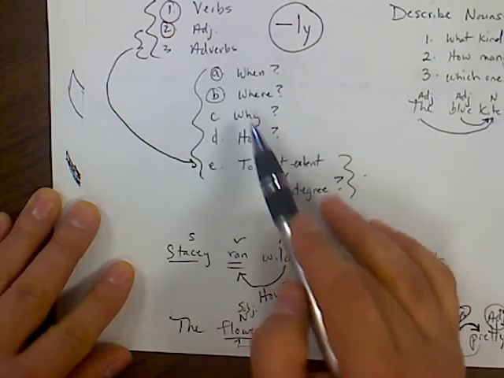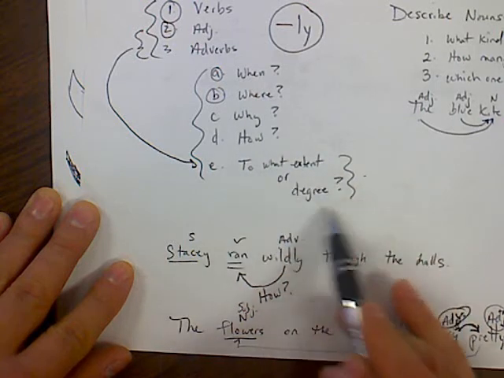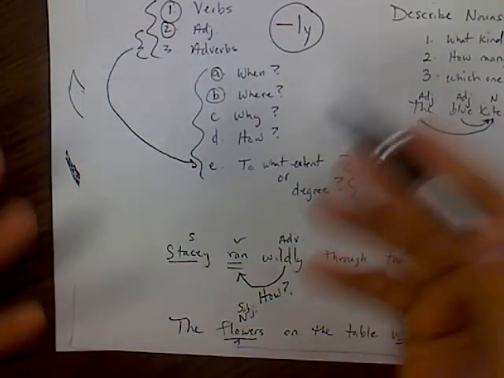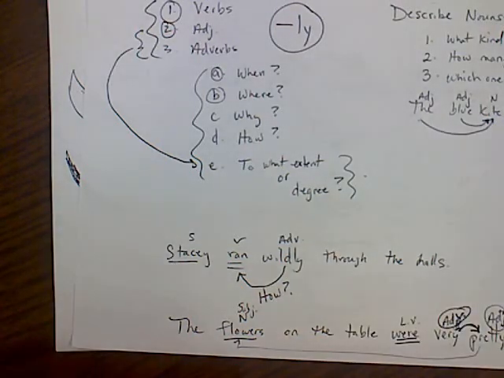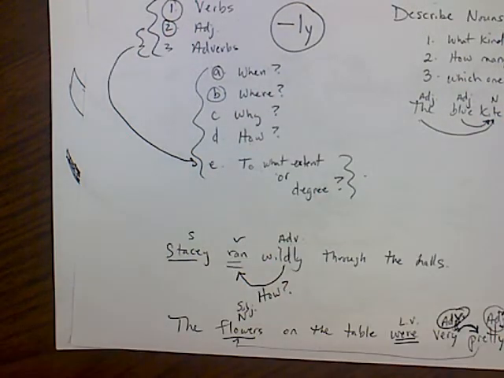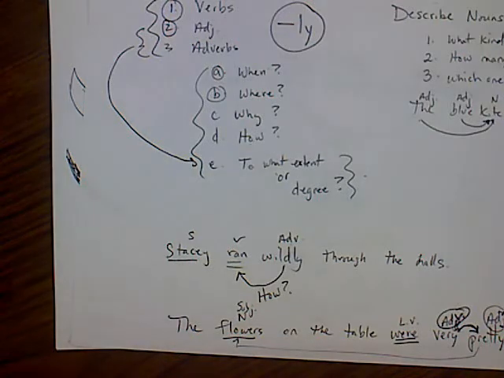How, why, when, where, to what extent. And if it seems strange that I go in a different order than the way I wrote them, it's because there is kind of a little jingle or rhythm to doing it in that way. And so that's part of the way I remember it as well. How, why, when, where, to what extent. It just flows. And I'll use anything to help me remember whatever I need to remember.